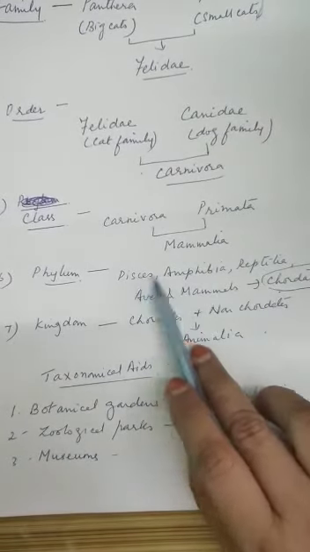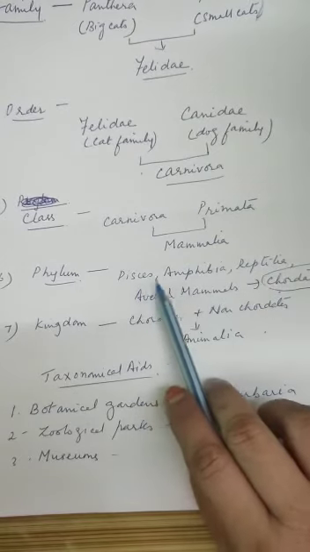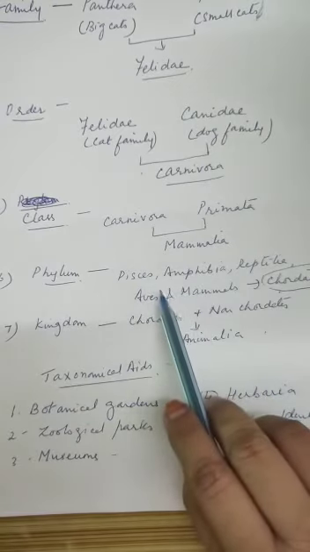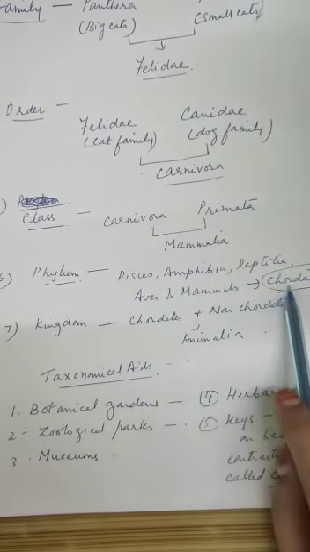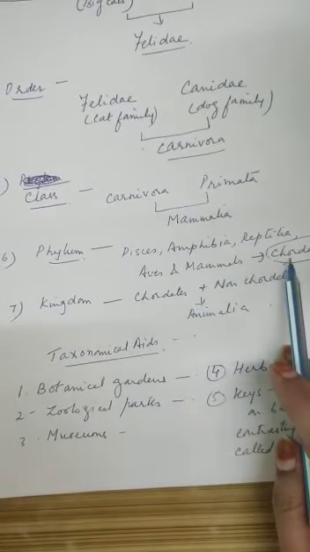Okay, since all of them are very different from each other, but on the basis of evolutionary history, they share some common characteristics. You remember the common characteristics that are shown by chordates. What were they?